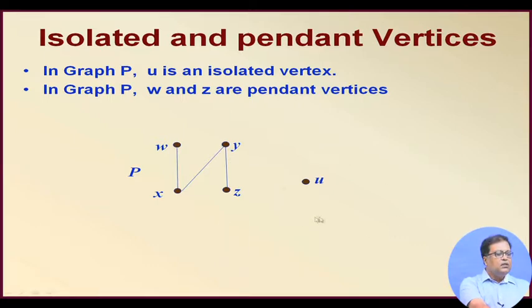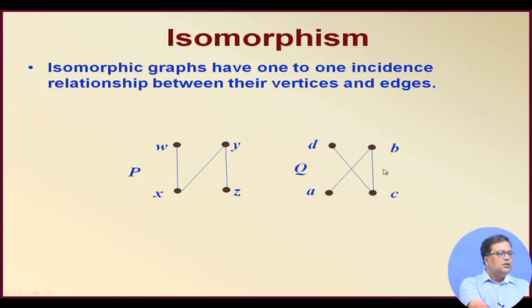Now, U is having no edge connected to that, so it is an isolated vertex. And W and Z, their degree is equal to 1. That means they are extreme edges, right? That means only one edge is connected, so they are called pendant vertices, right? So, this point might be required at some point of time.